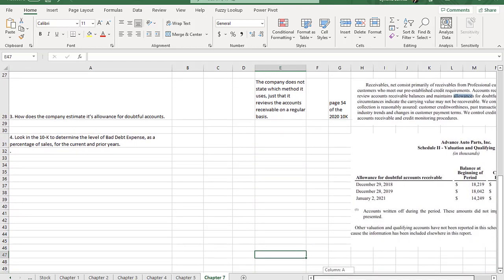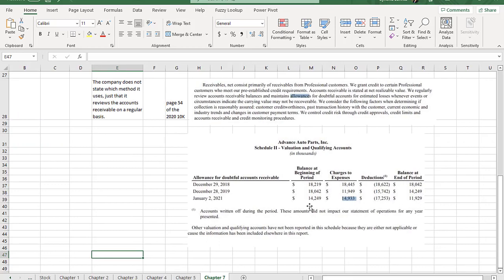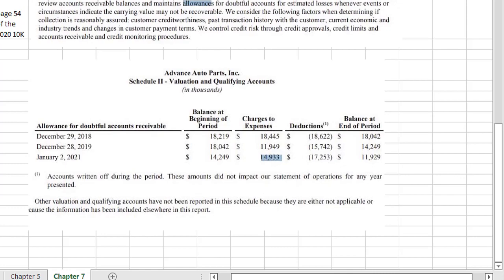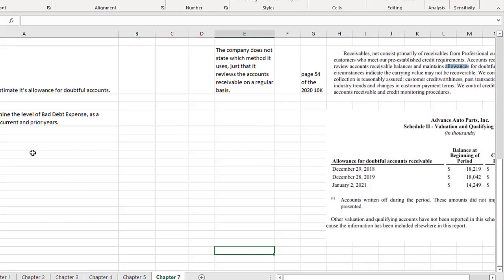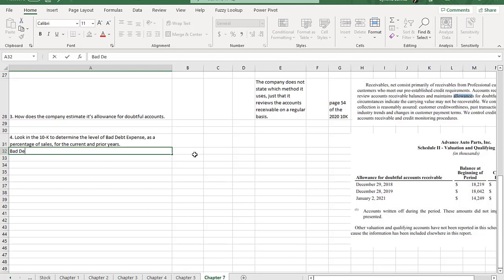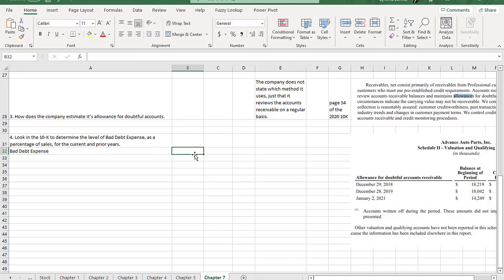Okay, so now, what was the question asking me? It wanted to know what percentage this was of sales, current and prior years. Okay, so I need bad debt expense. And again, I'm going to need 2021 and 2019.